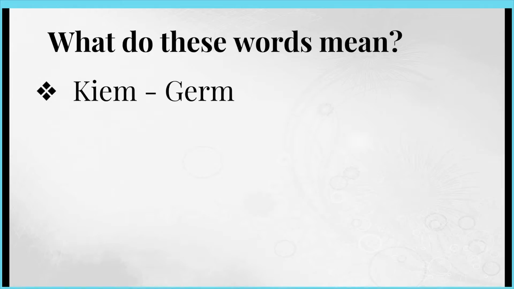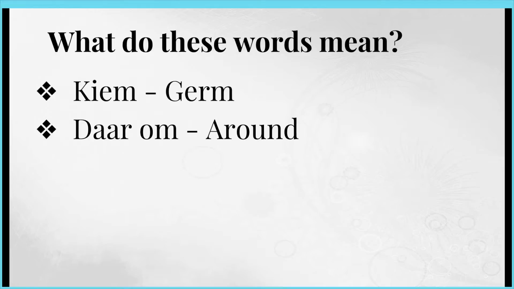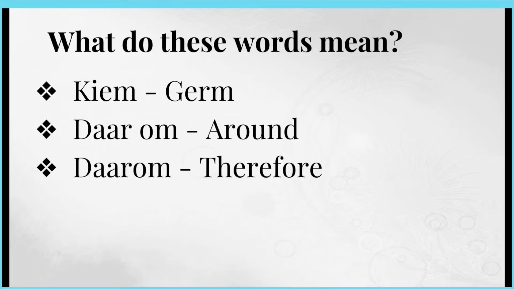So kiem means germ. Daarom, around. Daarom, therefore. So, when daarom is two words, it means around. For example, die groen gras groei daarom.